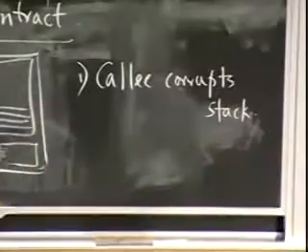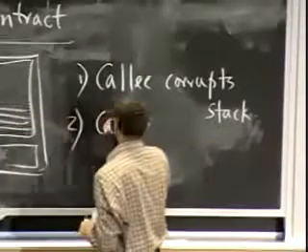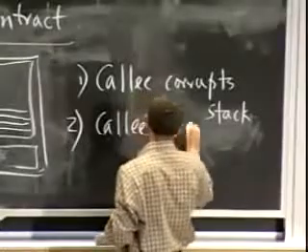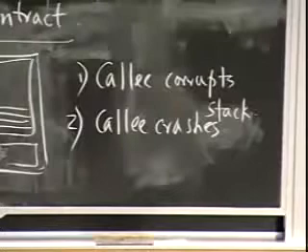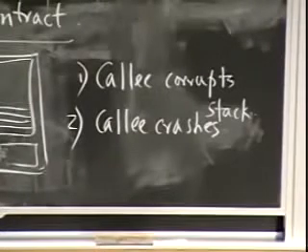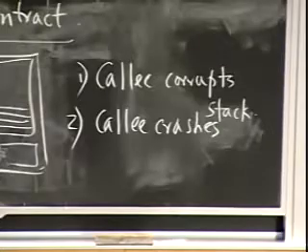Now, another problem is that the callee crashes. For instance, there's a divide by 0, or there's some other violation that causes the callee to crash, and then the caller comes crashing down as well.